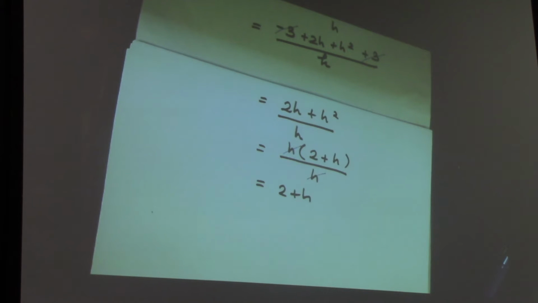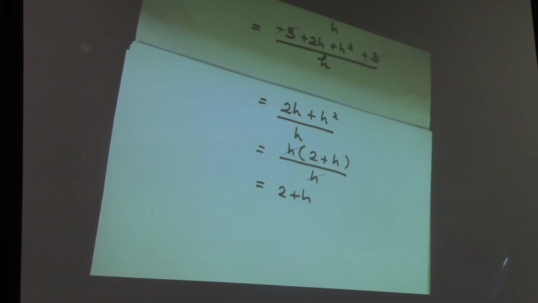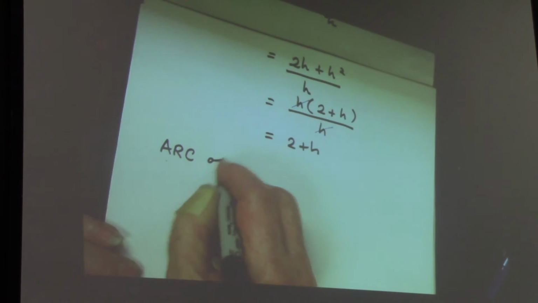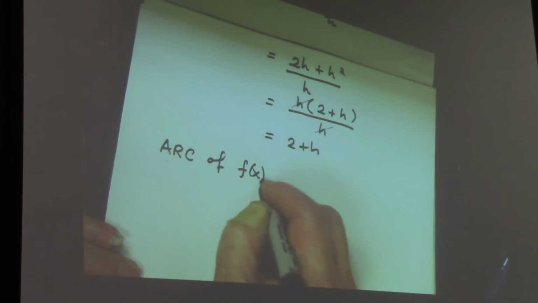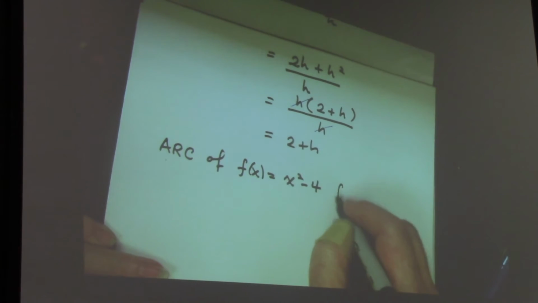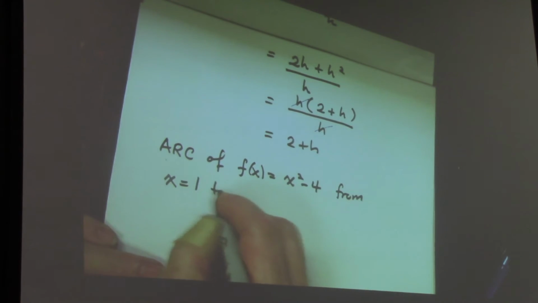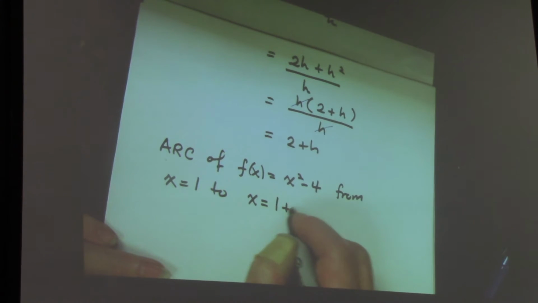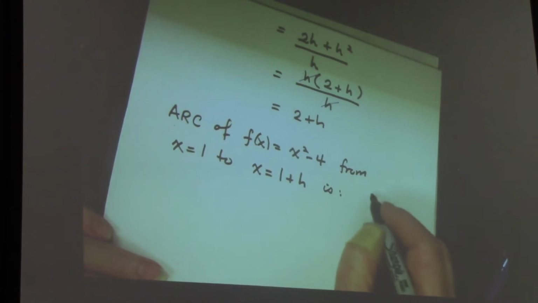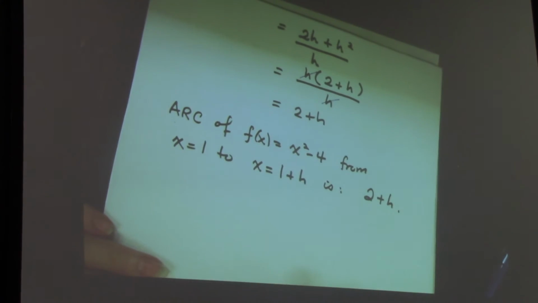It's kind of weird, that's not a number because it's got an h in it, right? So we learned that the average rate of change of this function, f of x equals x squared minus 4, from x equals 1 to x equals 1 plus whatever h is, is 2 plus h.